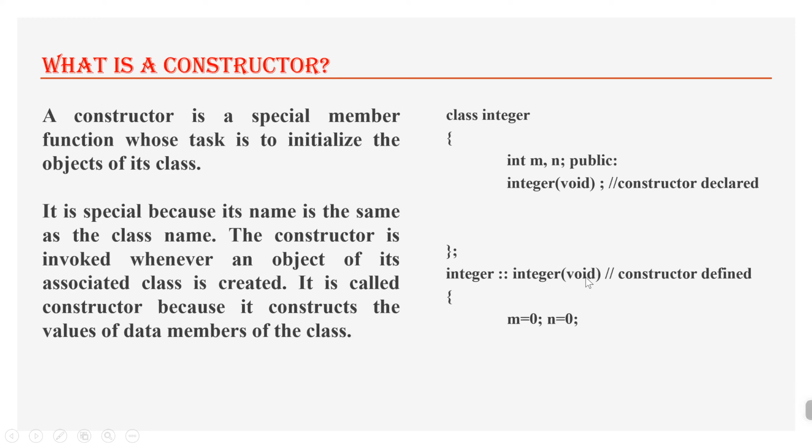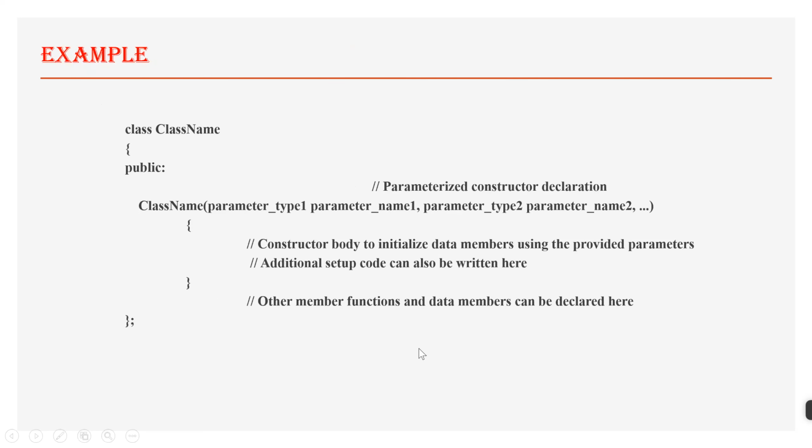I have not defined any parameter. I have not defined any argument. So I have taken void. I have mentioned the initialize the value inside the function. But when it comes to here, I am taking the value from the main program. So I am defining a constructor with the type, name, type, name, type, name, etc.